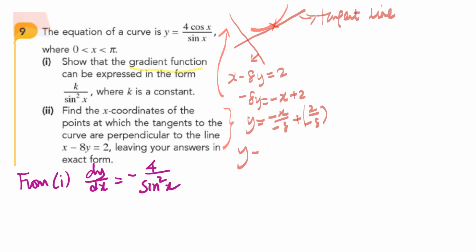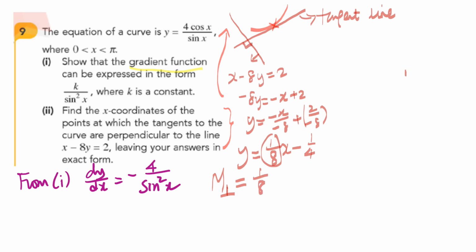You would have negative x divided by negative 8, positive, x over 8 is the same as 1 over 8 x. And 2 divided by negative 8 will be negative 1/4. So the gradient of this perpendicular line, you can use the short form, this is the short form for perpendicular line, and the gradient is this value here, which is 1 over 8.